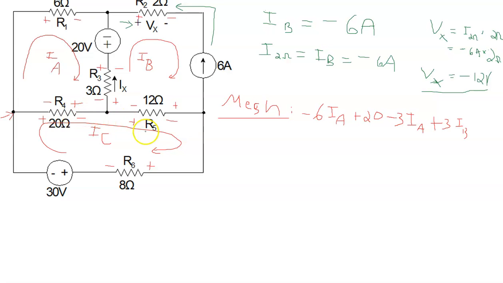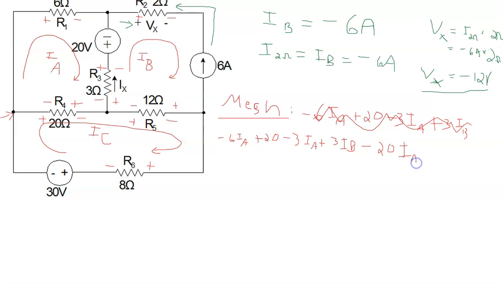Okay, so now we got another resistor down there, and I hardly got room to fit it in, so I should have started down here to give myself more room, I guess. So -6 IA, we had plus 20, subtract 3 IA, plus 3 IB, and so now that brings us to R4, and so remember now it's going to be -20 times IA, because all the terms with IA are going to be negative.